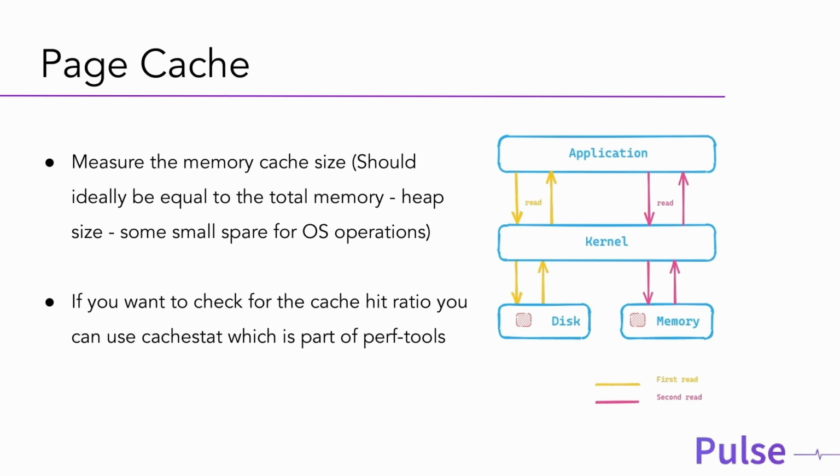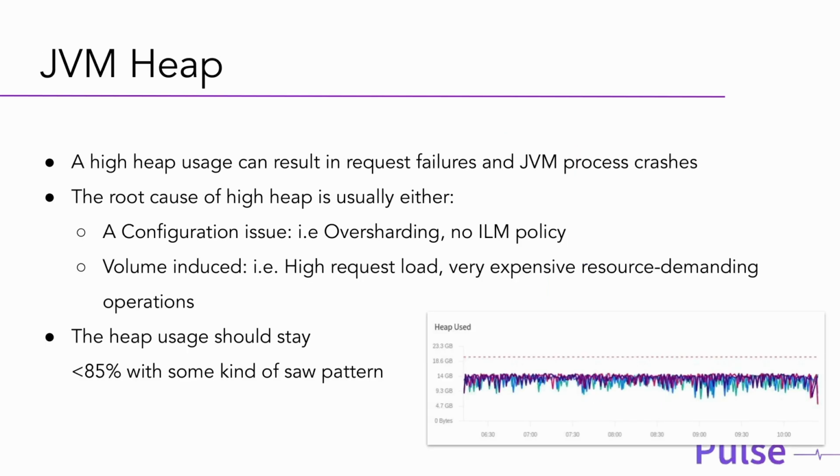So when certain blocks on disk are being accessed very frequently, you start getting access to them from memory itself, not from disk. So that's one of the benefits, and there are ways to monitor that on the machines. And JVM heap is where data structures that relate to searches, to aggregations, to various operations that OpenSearch does under the hood live. And we also need to monitor for that.